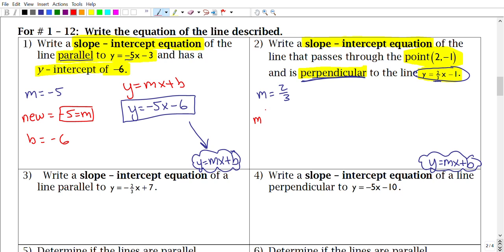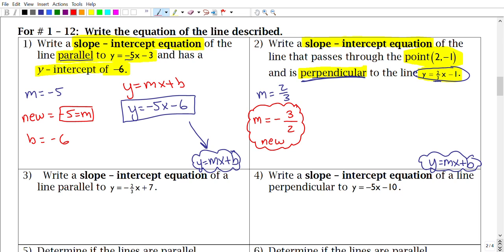Now, whoops, my new m, which I'm going to write here in red, has to be what? Well, my new m has to be opposite and reciprocal of that 2/3. So opposite of a positive 2/3 is definitely a negative, and the reciprocal of 2/3 is just 3/2. So my new slope here is -3/2.